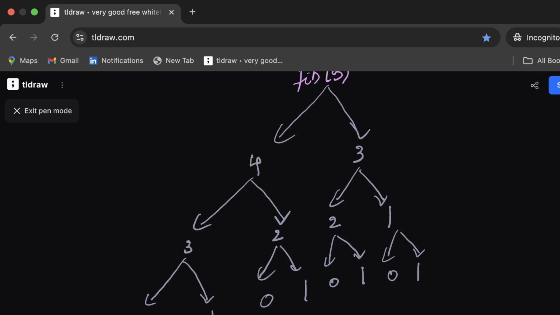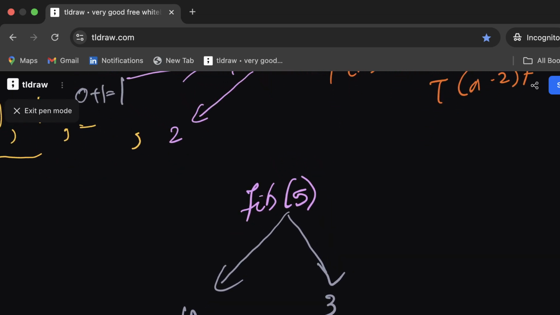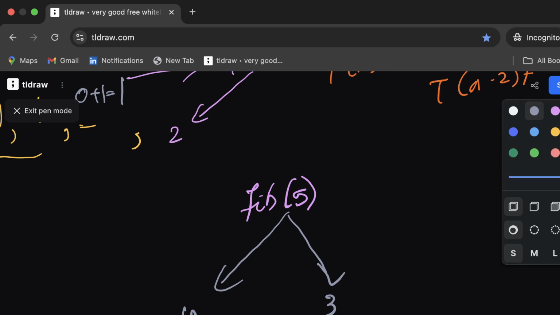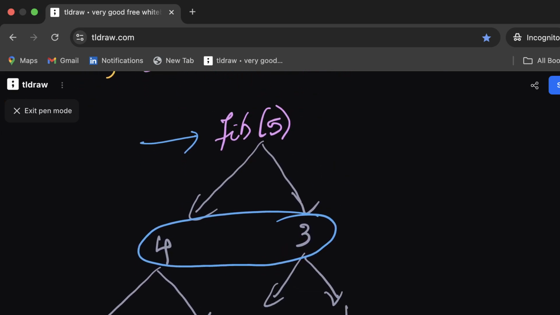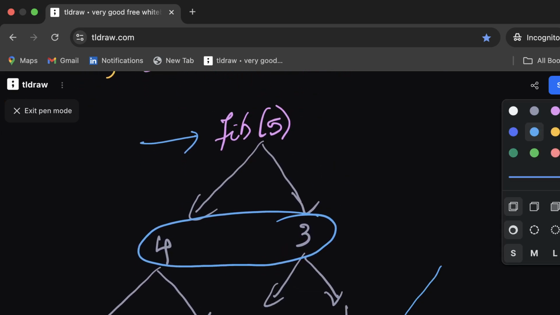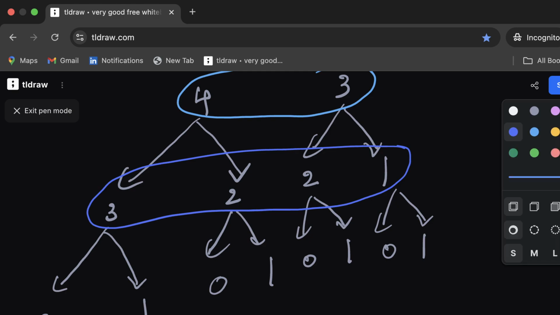For the first level I made 2 calls. If I go further, I have made 1, 2, 4 calls. So this is going to be 4 calls. And then if I go to the bottom, I'm going to make 1, 2, 3, 4, 5, 6, 7, 8 calls.